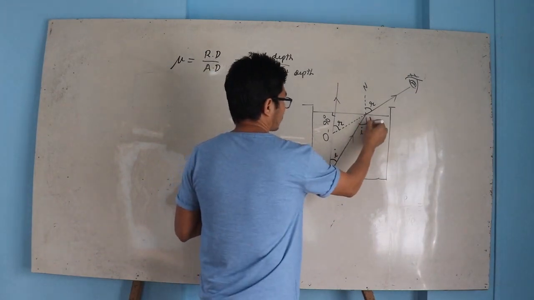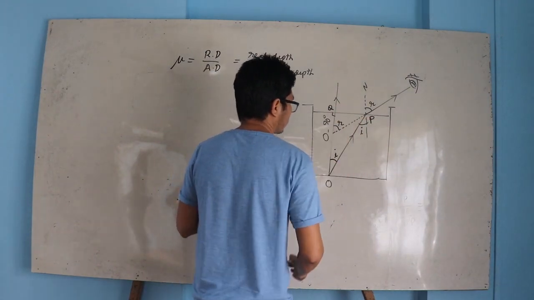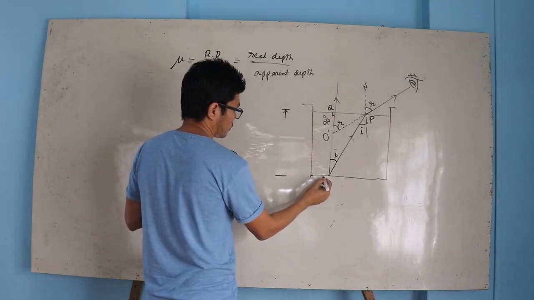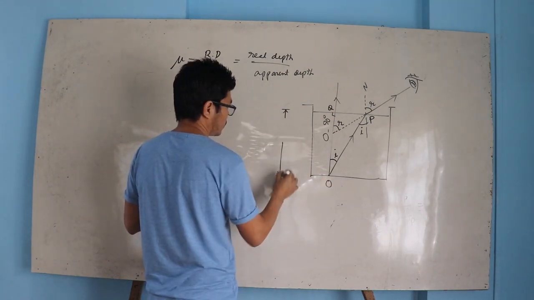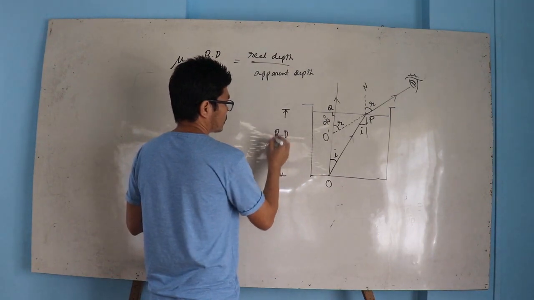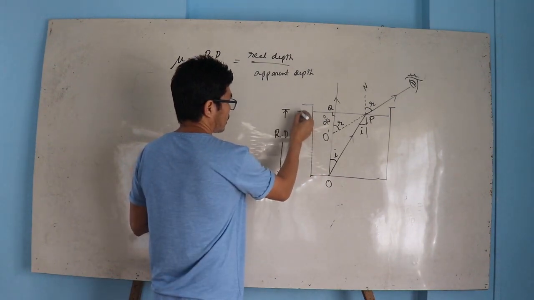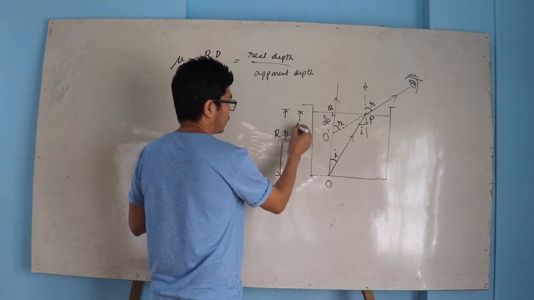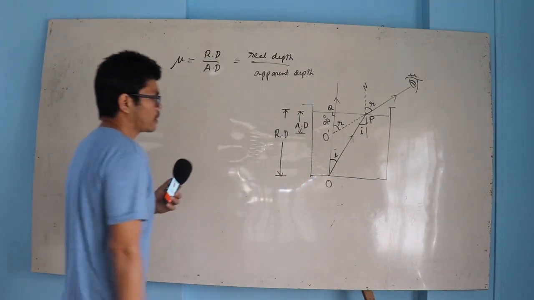So you just call it as P, call it as Q. Then from the surface up to the bottom where the point O lies, this will be known as real depth. And from the surface up to the point where the object seems to be rising, this will be known as apparent depth here.